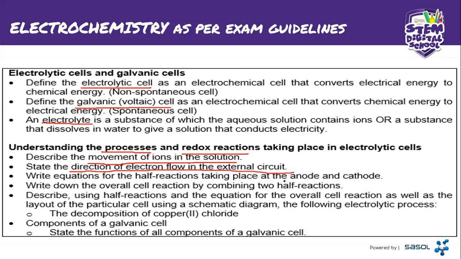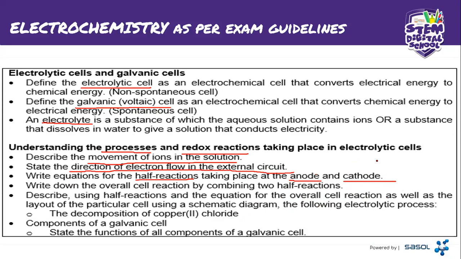That's where we are able to tell them that electrons actually move from the anode to the cathode via the external circuit. And we must be able to write down the half reactions at the anode as well as at the cathode. And you will remember, my dear learners, that at the anode, that is where you have oxidation.